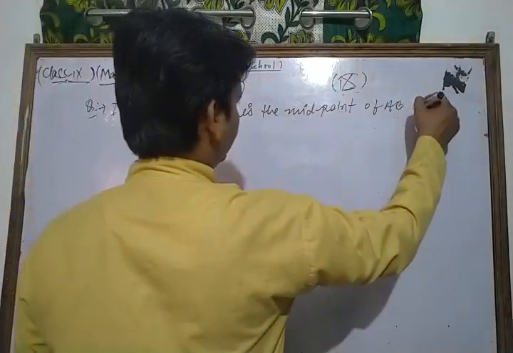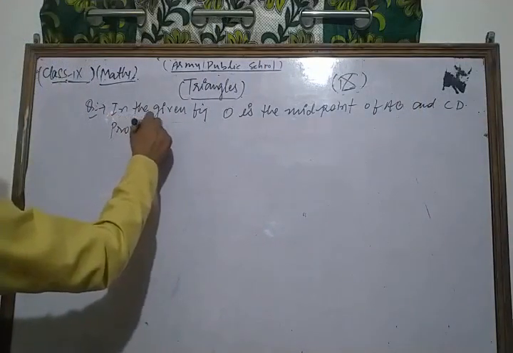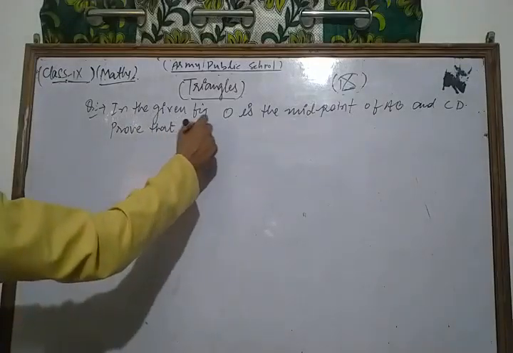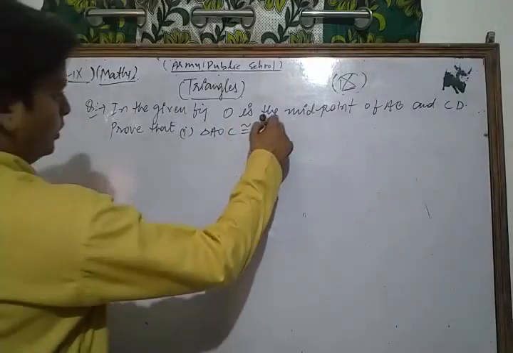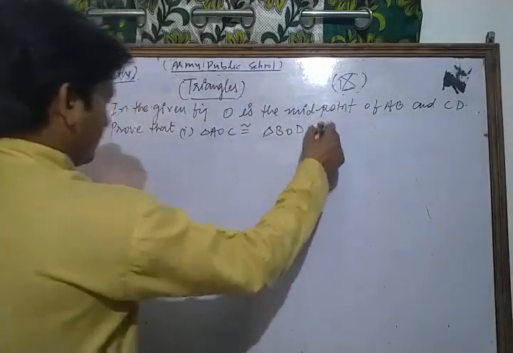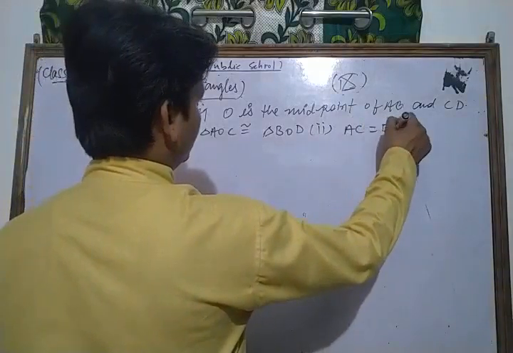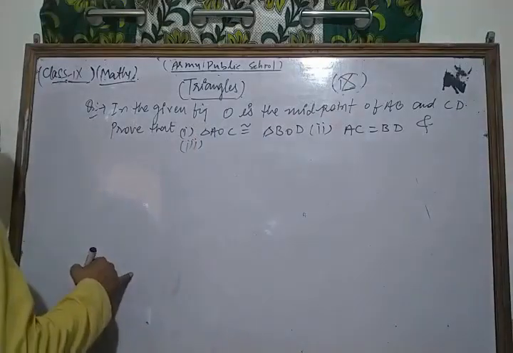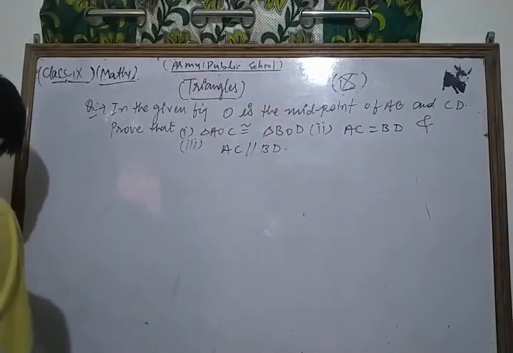Prove that, first, triangle AOC is congruent to triangle BOD. Second, AC is equal to BD, and third, AC is parallel to BD.